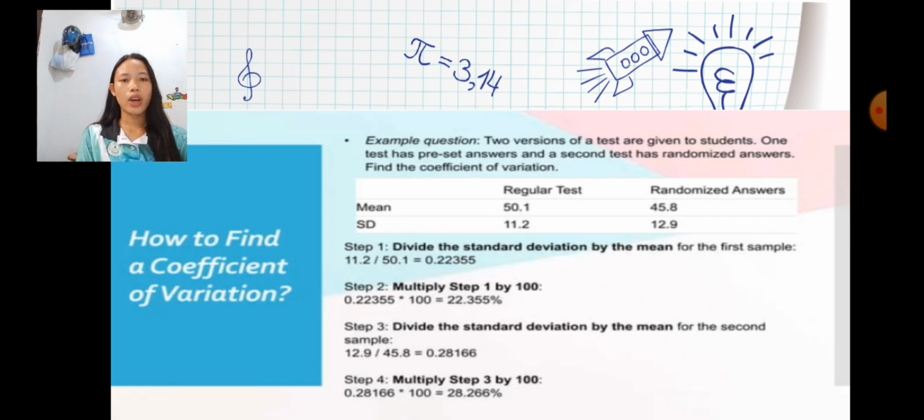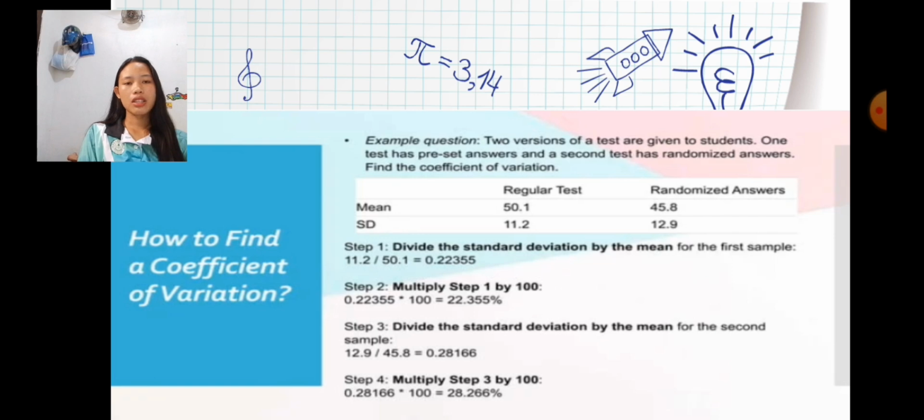Step 1, divide the standard deviation by the mean from the first sample. So for the first sample we have 11.2 over 50.1 equals 0.22355.